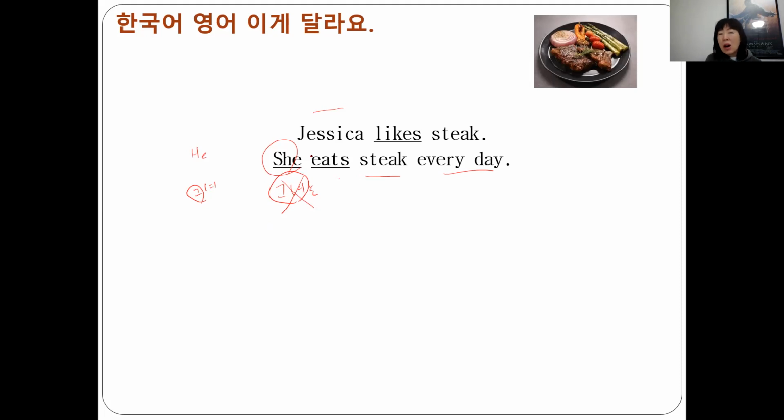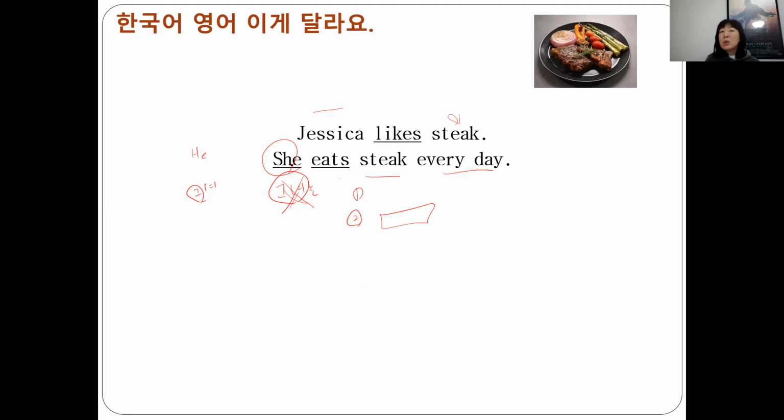자, 그래서 how do we translate this one? We drop the subject because the context is clear. Jessica likes steak and she eats the steak every day. First case is to drop the subject. Just 제시카는 스테이크를 좋아해요. 매일 스테이크를 먹어요. That's enough. Or we add the name as it is. 제시카는 스테이크를 좋아해요. 그리고 제시카는 매일 스테이크를 먹어요.